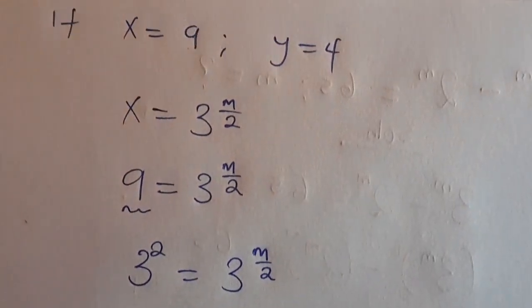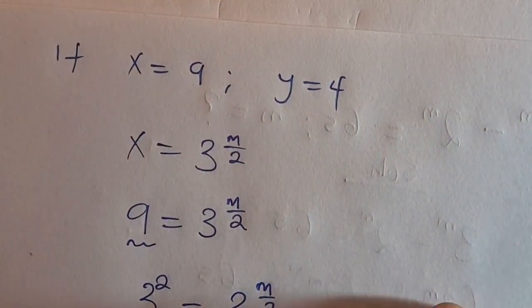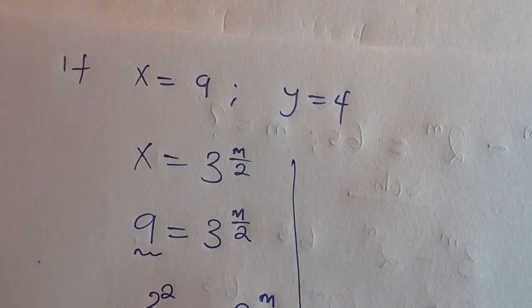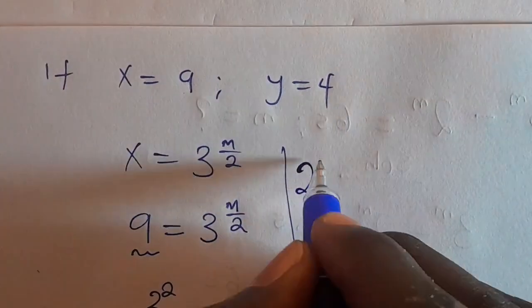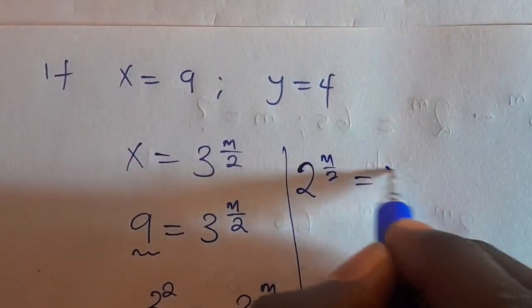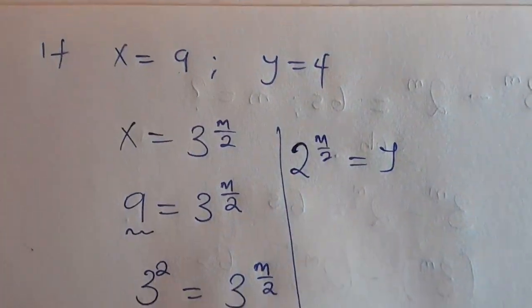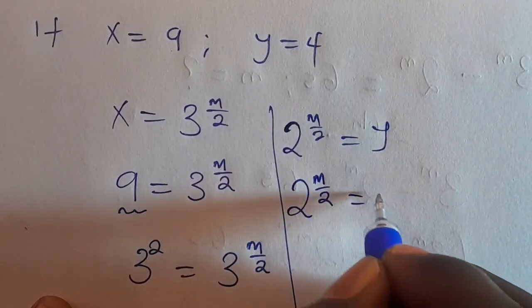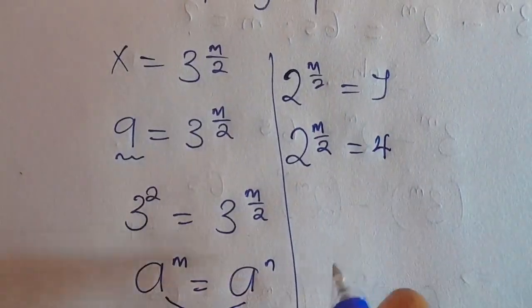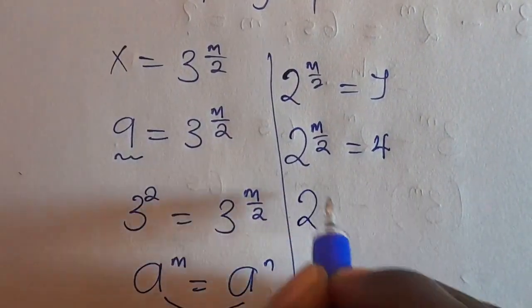Or if you want to consider the second one, we have 2 to the power of m divided by 2 equals y. Then our y equals 4. So we have 2 to the power of m divided by 2 equals 4. Mind you, we can write 4 in base 2 as 2 to the power of 2.